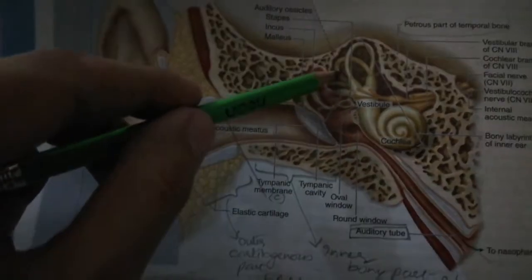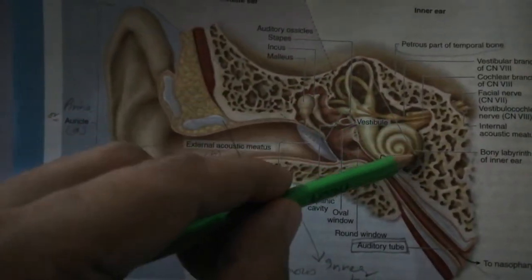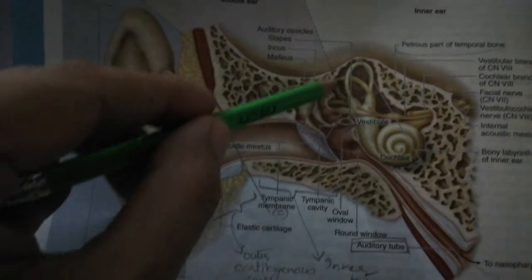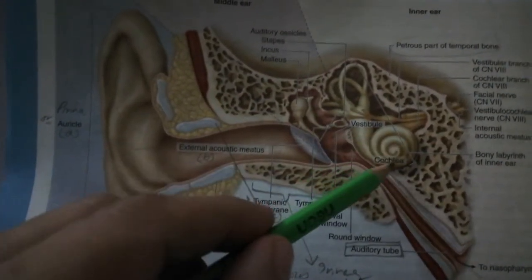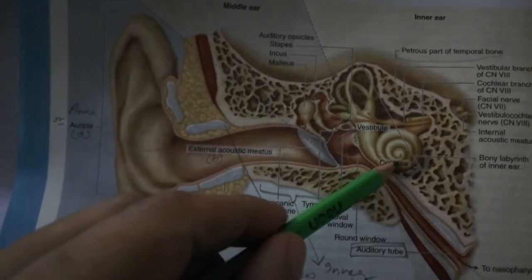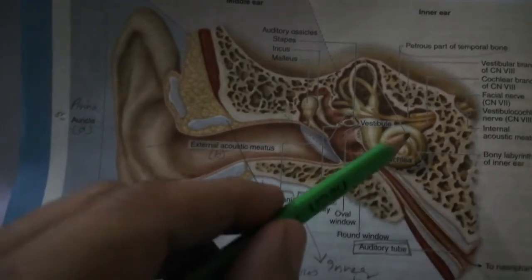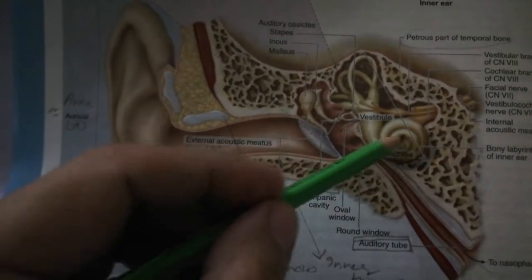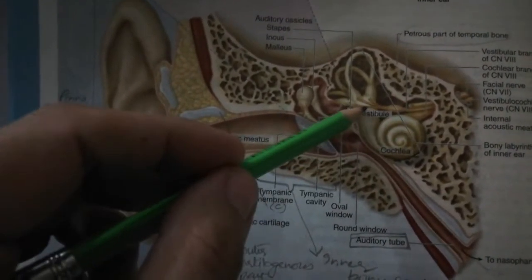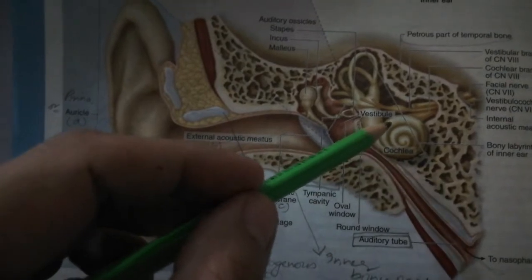Now enter into another irregular bony part. You can see a bony cavity in the petrous part of the temporal bone that consists of two things, the bony labyrinth or bony shell, and inside it the membranous labyrinth or membranous part.